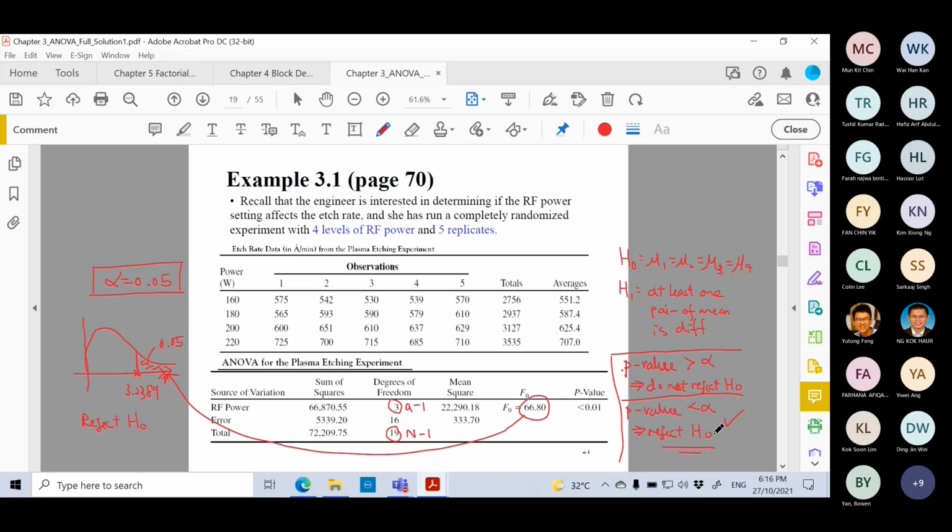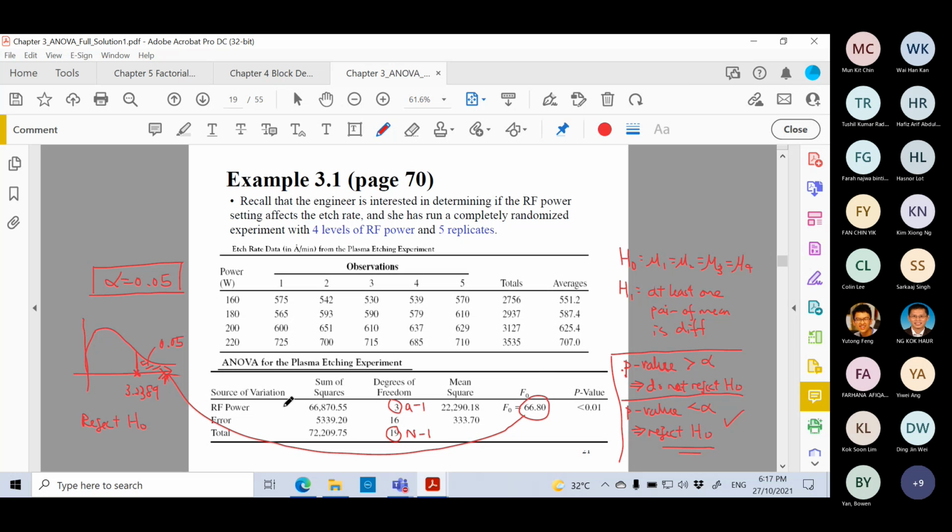Rejecting the null hypothesis means that at least one pair of the means is different. Maybe 160 and 180, or 160 with 200, or 160 with 220, and so on. Altogether you have 6 pairs, and you compare pairwise; at least one pair is different.